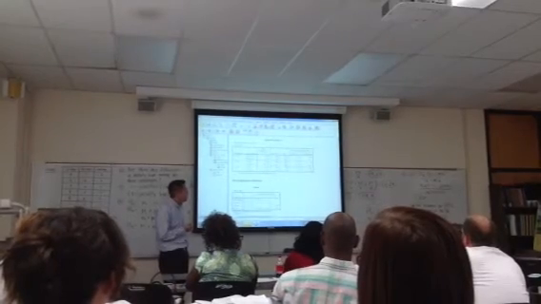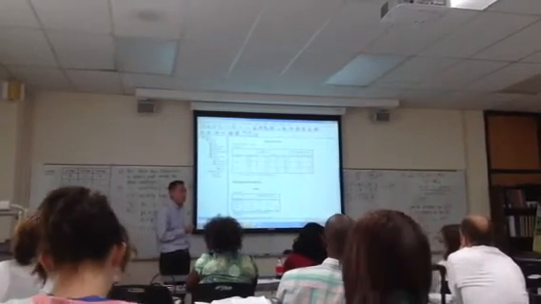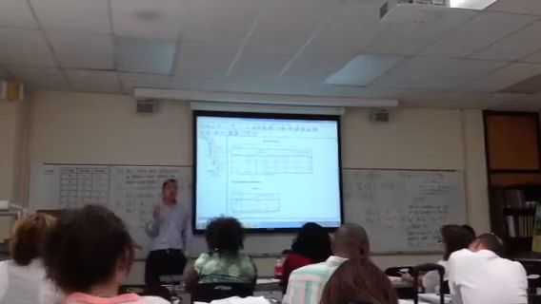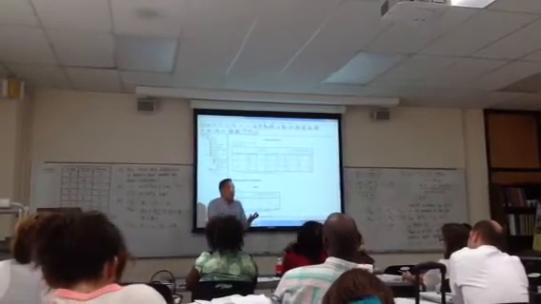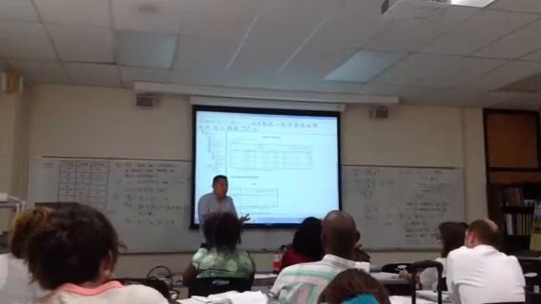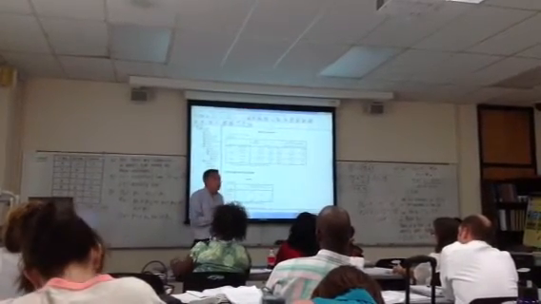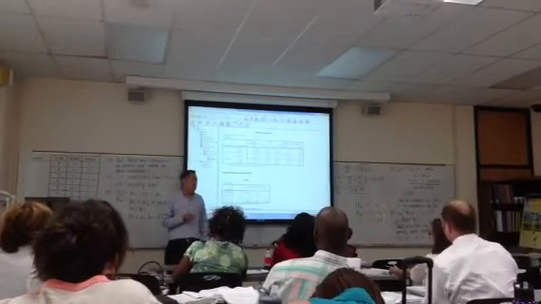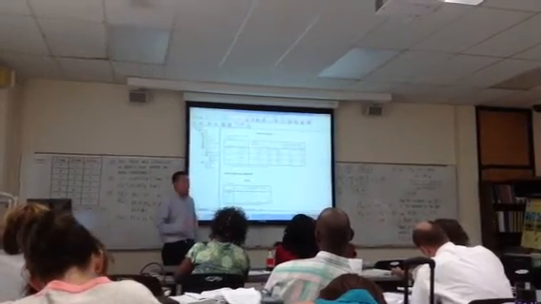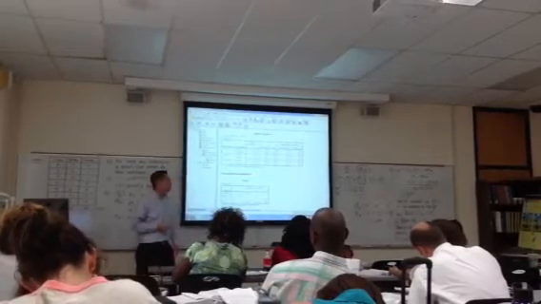Just highlight this. This is where you're getting your information. If you make a statement, I need to know where on the SPSS output you got that information to make that statement. So all you do is highlight this and say, this shows that there's a statistically significant difference between all pairs of means.